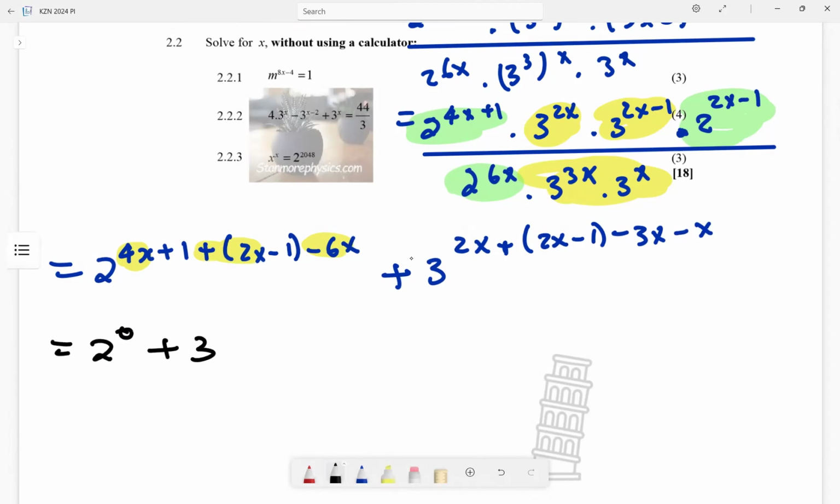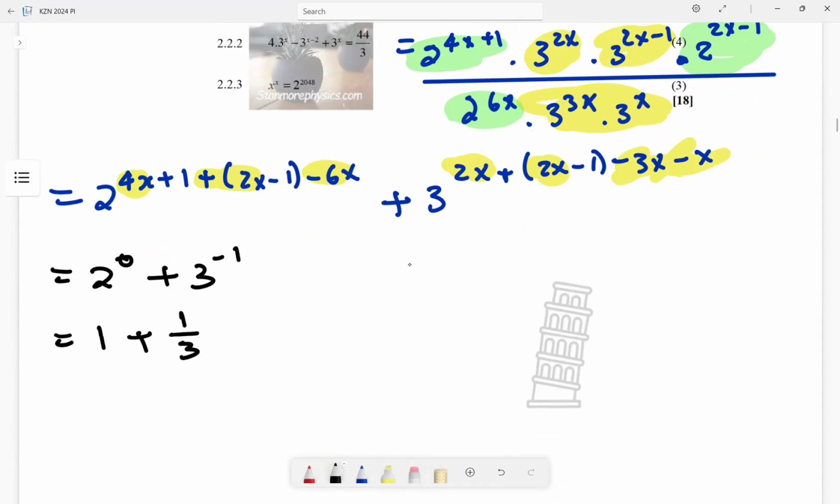Plus 3 to the power of 2x plus 2x, it is 4x minus 3x, it is 1x, minus x, it is 0. Then here I'm left with negative 1. Remember, any number to the power of 0 is 1, plus, when you take this on your calculator, it is 1 divided by 3, right?